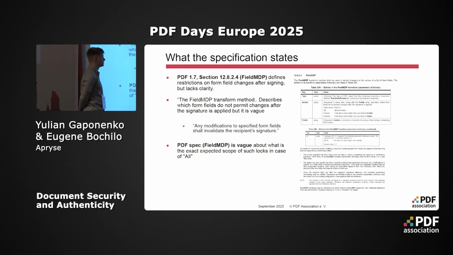Or does it indicate that only the fields which are already there shall be locked? How does it work? The point here is that no one is right or wrong, right? You can understand this basically any way.